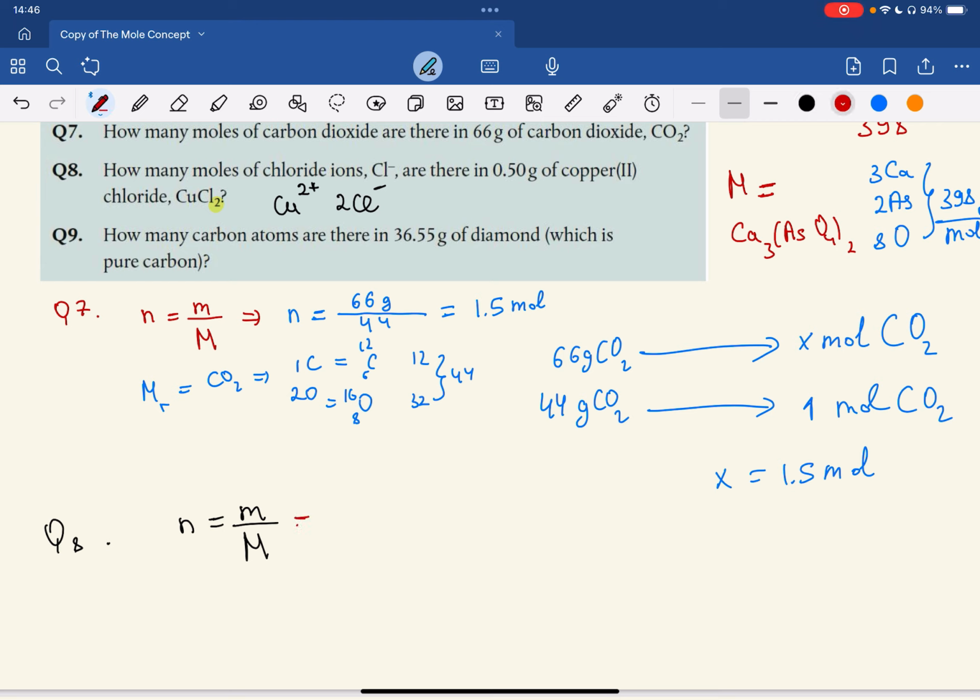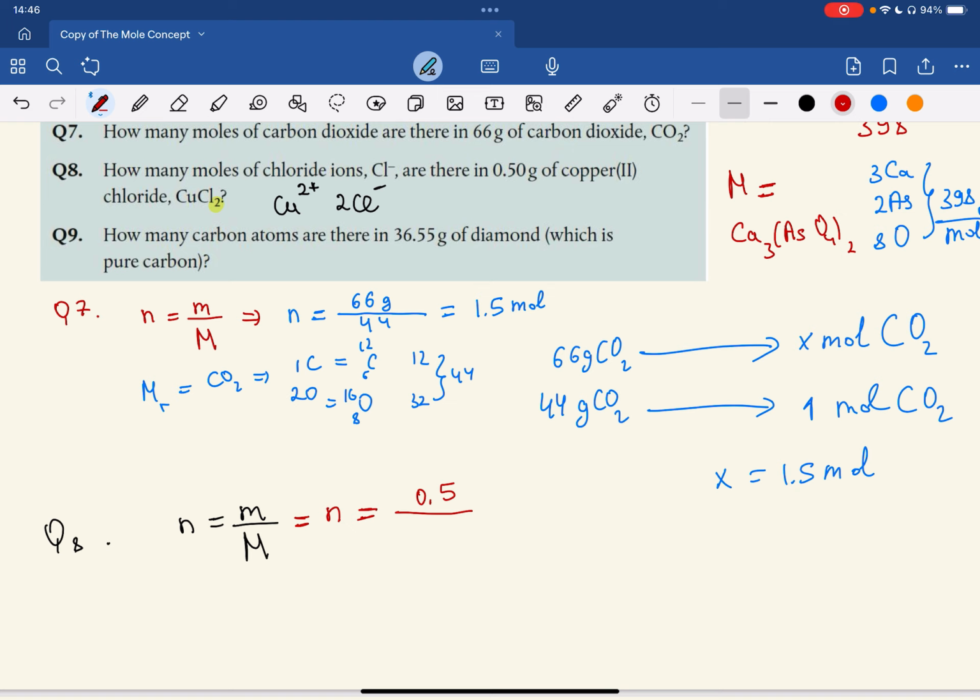So far, we don't know our n, and we know the mass, 0.5. So if we find the mass of CuCl2, let's quickly check it.